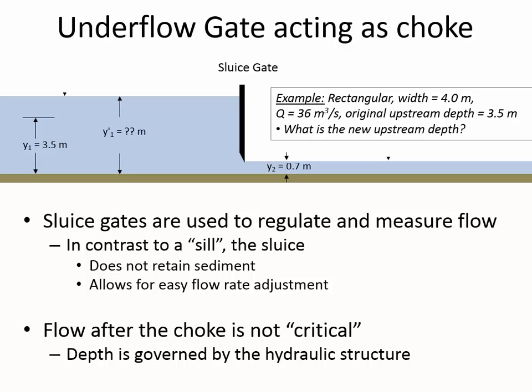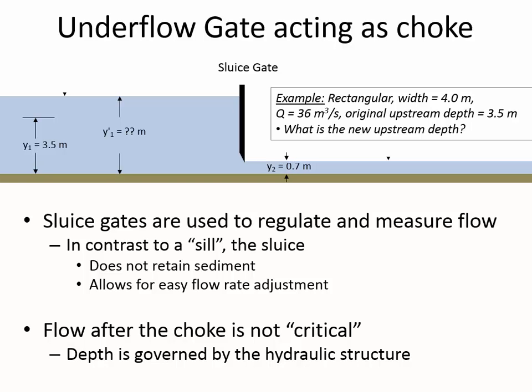So y1 prime, meaning the new depth after pooling, plus flow per unit width squared over 2g y1 prime squared. We're going to solve for y1 prime, the new depth. We know the flow per unit width, so 9.125 equals y1 prime plus 9 squared divided by 2 times 9.81 times y1 prime squared.